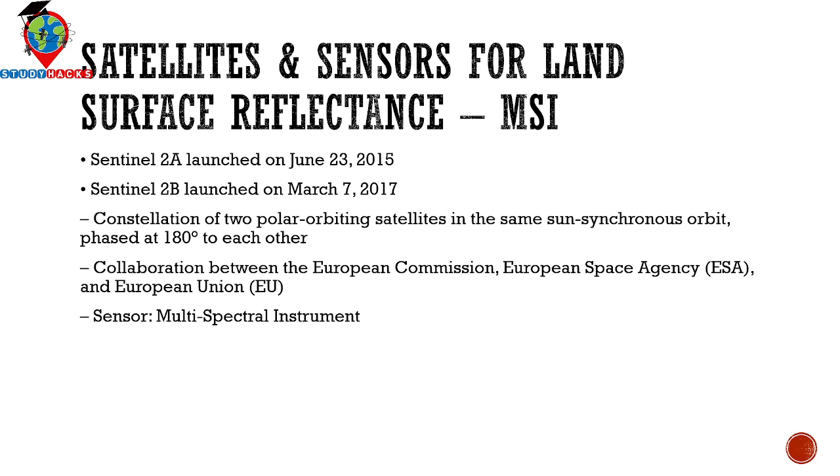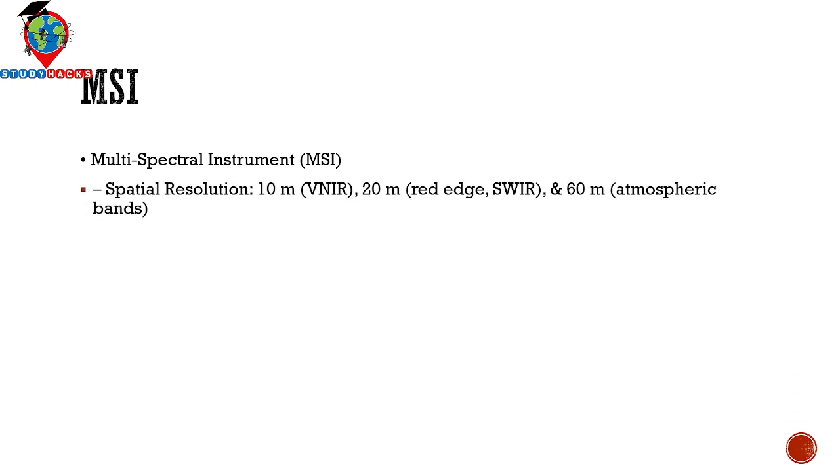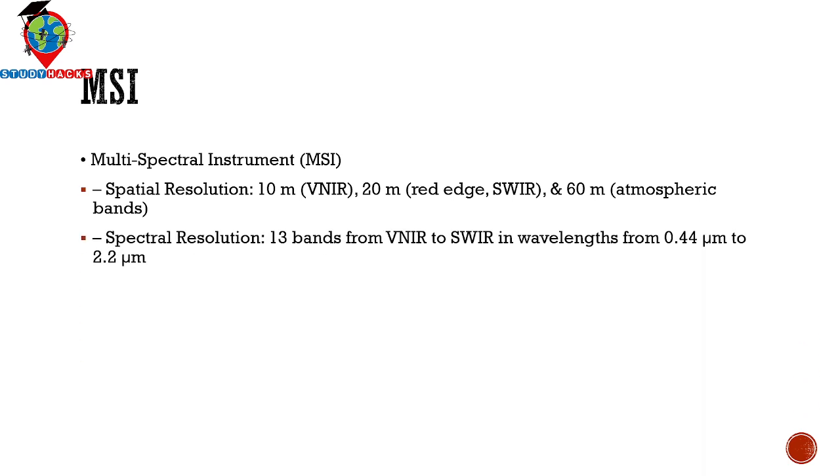The sensor name is the Multispectral Instrument. The spatial resolution is 10 meters for VNIR, 20 meters for red edge and shortwave infrared bands, and 60 meters for atmospheric bands. The spectral resolution is 13 bands from VNIR to shortwave infrared, with wavelengths from 0.44 micrometer to 2.2 micrometer.